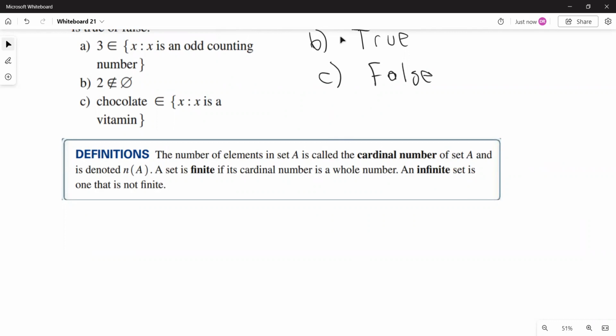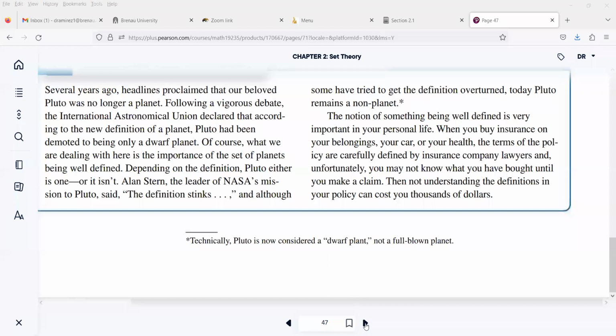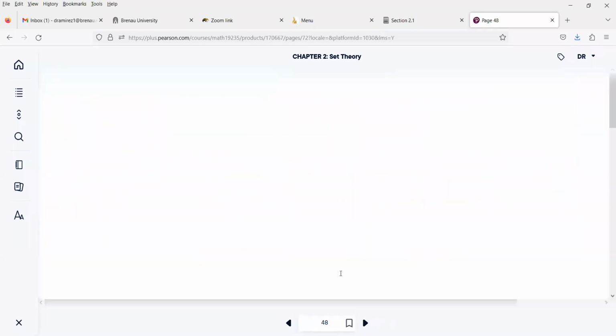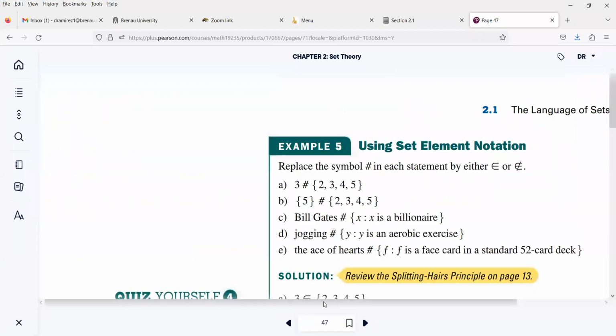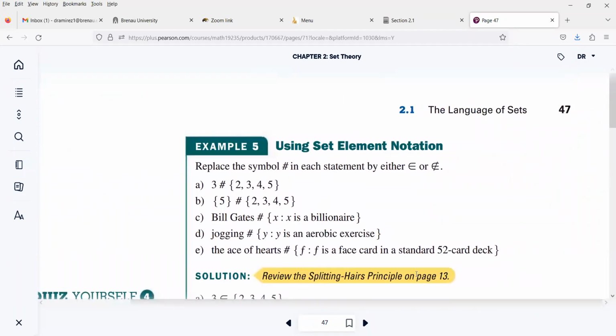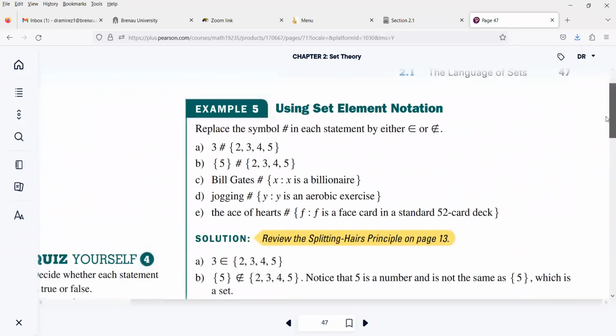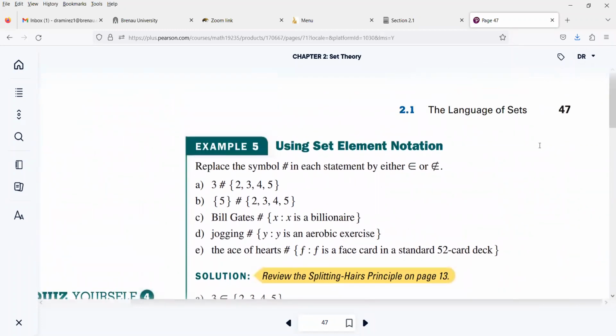Okay, so let's look at example 5. I think I passed this. Oh, yes, there it is. Well, actually, I didn't read example 5, but that's with elements.